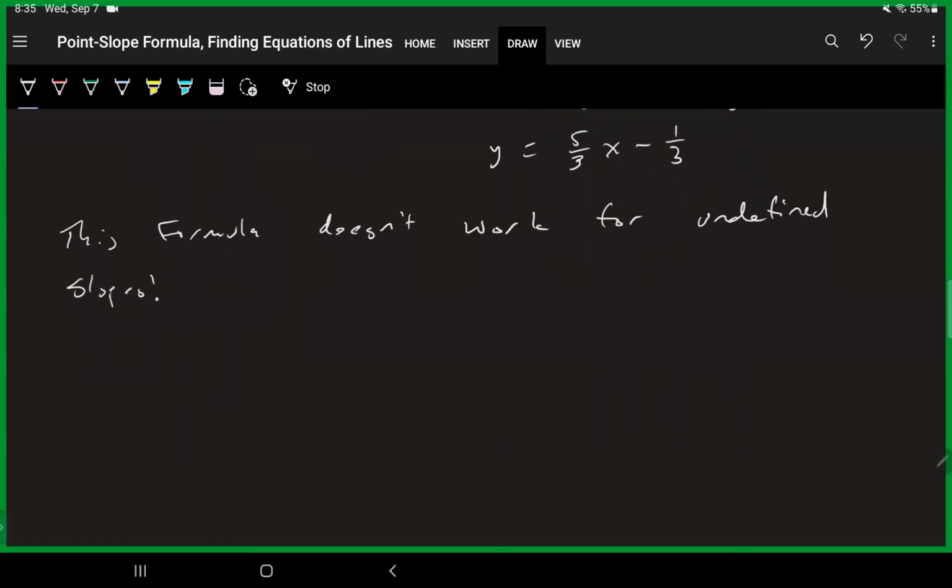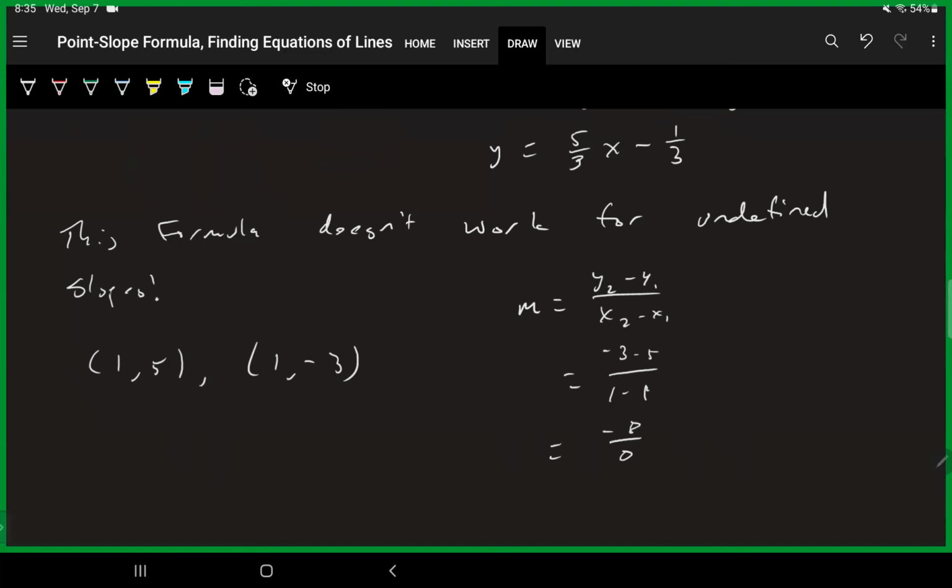So if you're given something like, let's see, 1, 5 and 1, -3, and you compute the slope, and you get undefined, this is a vertical line that passes through x equals 1.